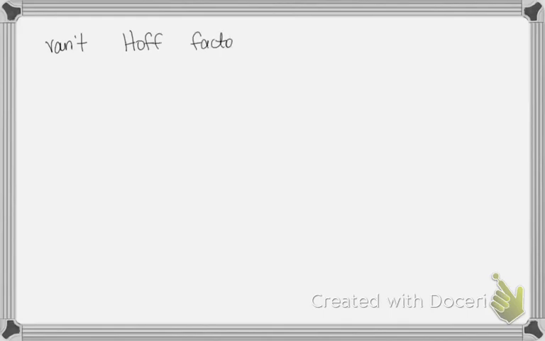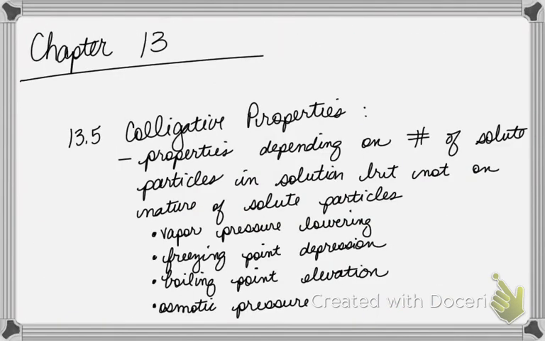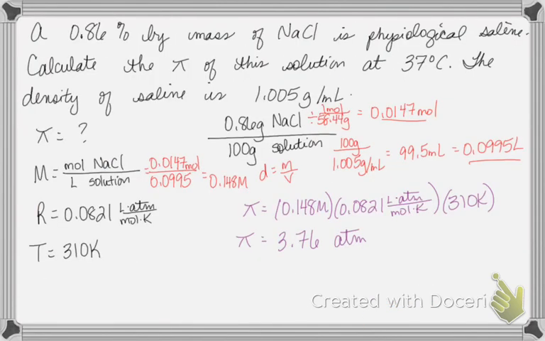So if you look back, and I'm going to jump slides way back to the beginning, when we introduced colligative properties, we defined them as the properties that depend on the number of solute particles in solution, but not on the nature. Okay, now think back to Chem 1. Ionic compounds. Sodium chloride is an ionic compound.